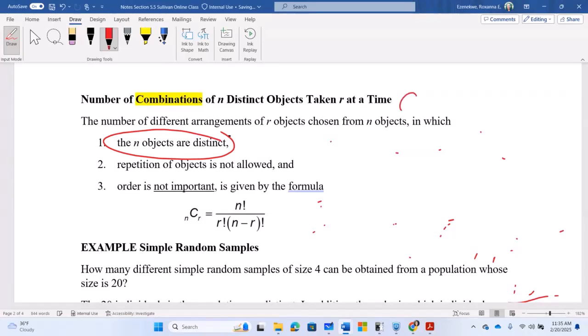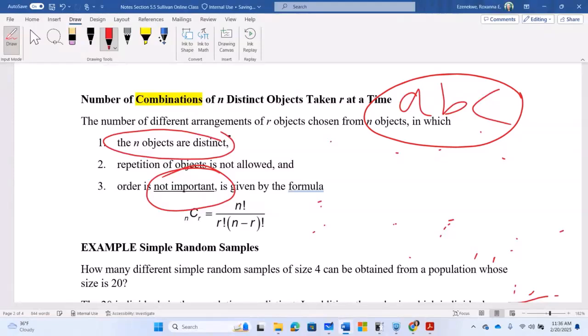No object can repeat, like A, B, C. They're all distinct. Repetition of objects is not allowed. Order is not important, very, very important. This is the difference between combination and permutation. So if I'm told to find the number of ways I can arrange ABC, ABC and CAB are the same because order is not important. In combination, order is not important.